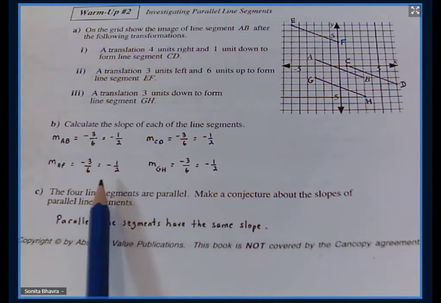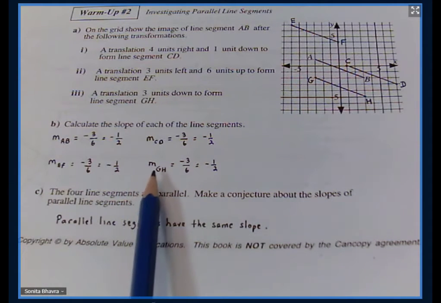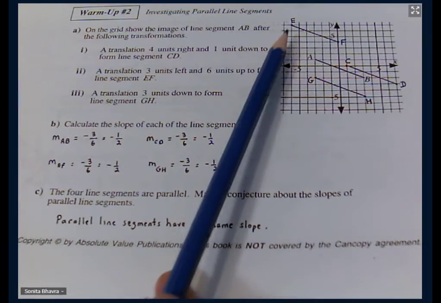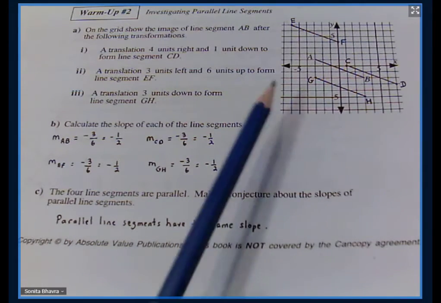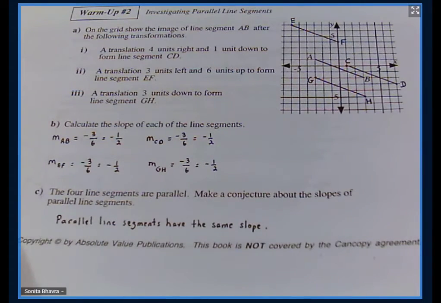All right, if you continued that for EF and GH, they all have the same slope of -1/2. All right, so if you had lines given and you had to figure out if they were parallel, you would know that they're parallel if their line segments have the same slope. All right, same slope means they would be parallel.